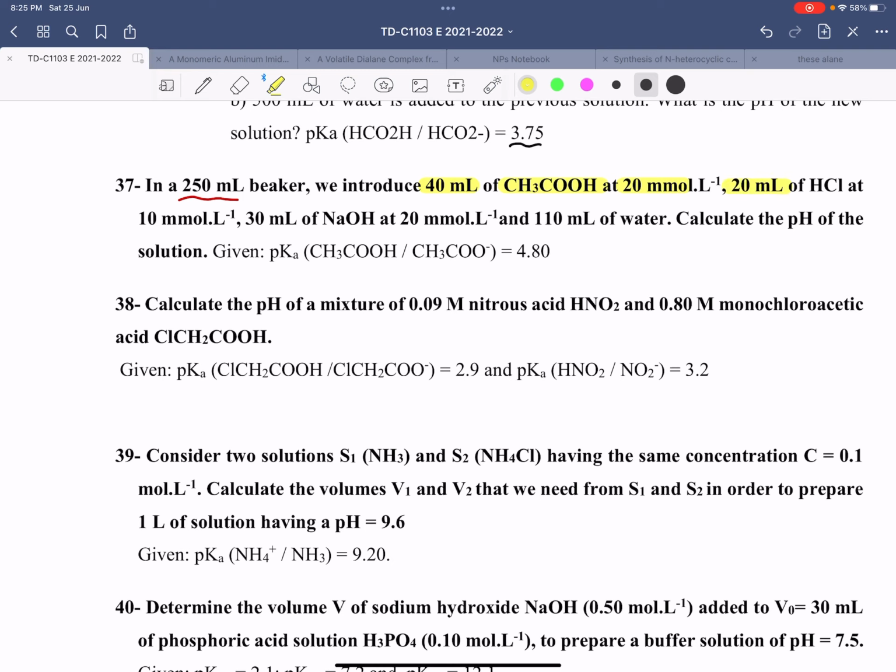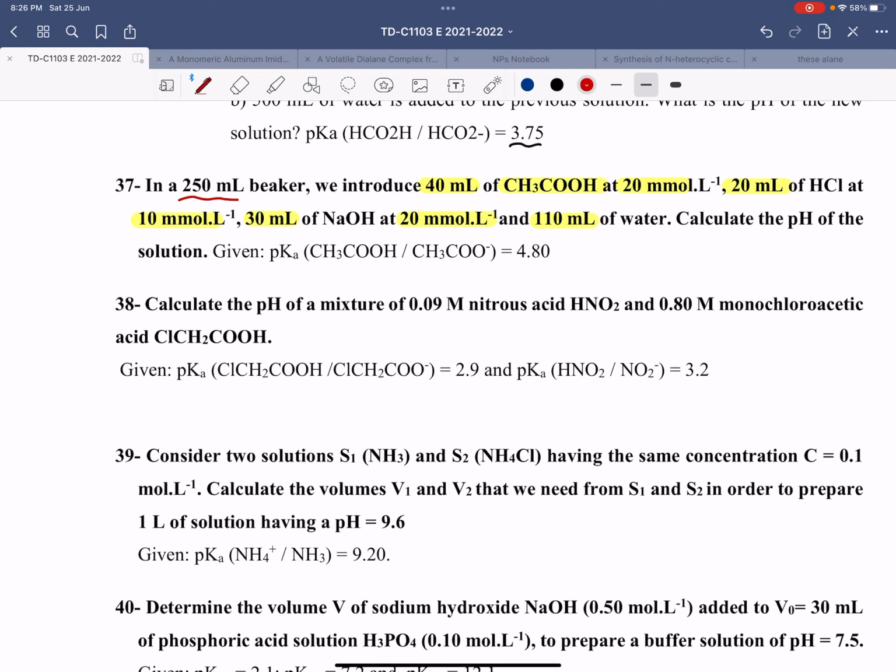Then 20 ml of HCl at 10 millimole per liter, and 30 ml of NaOH at 20 millimole per liter, and 110 milliliters of H2O. Basically, we have a combination of CH3COOH, HCl, and NaOH.